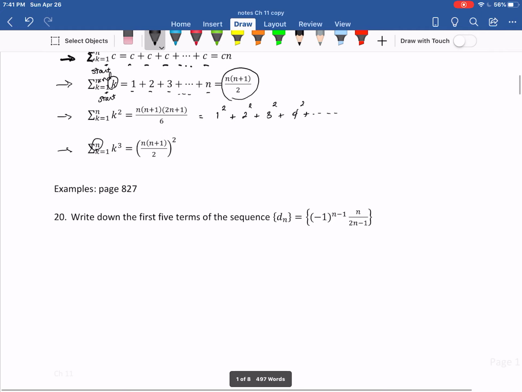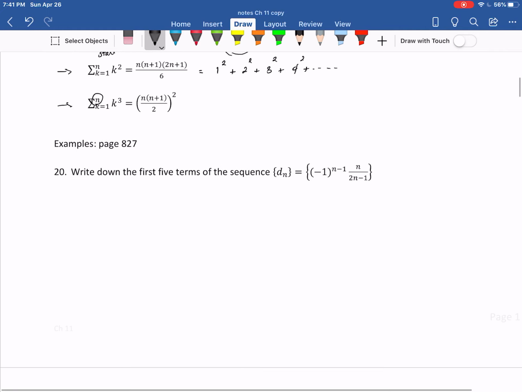All right, here's an example. Write down the first 5 terms of the sequence called d. d sub n is represented by the sequence you see in the brackets. And so the first 5 terms tells you that you want to start with the first term, then the second, third, fourth, and fifth. So D1 is representing the first term's value. And so you just replace the letter n with the value 1.